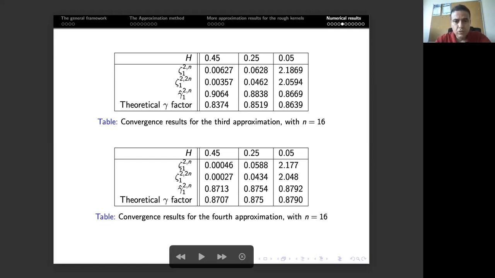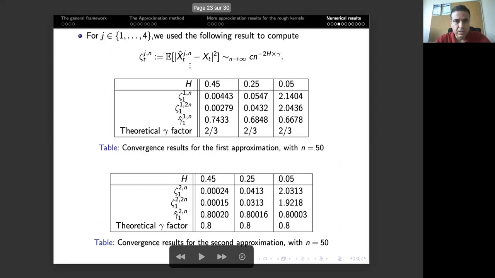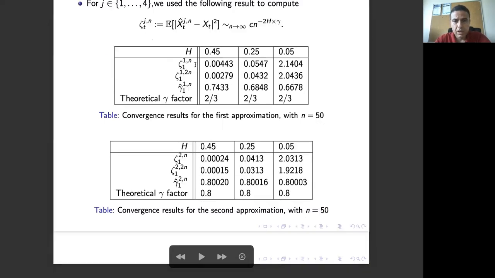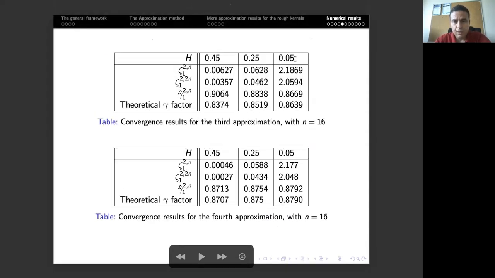However, if you look at the order of the strong convergence error, zeta, let me recall, zeta is the strong error, for the most challenging case where we take the Hurst parameter very small, close to 0.05, then we have a constant error, which is not zero.